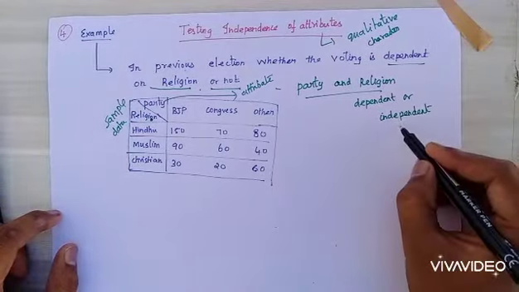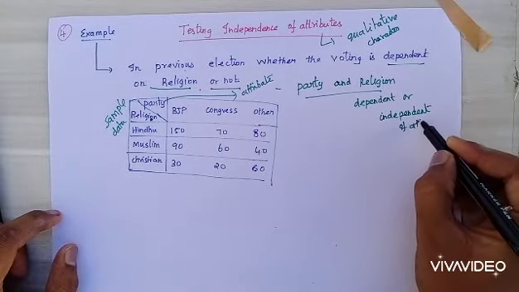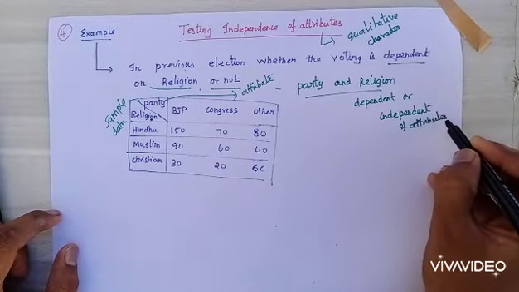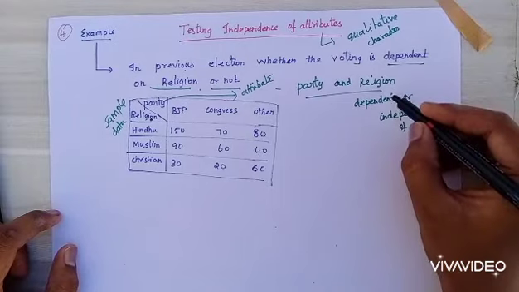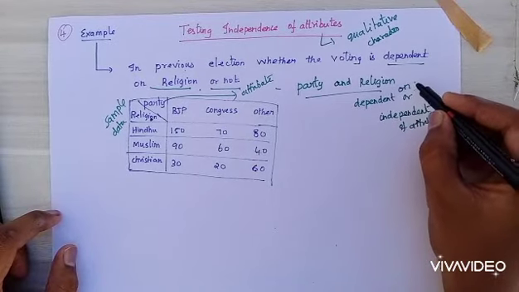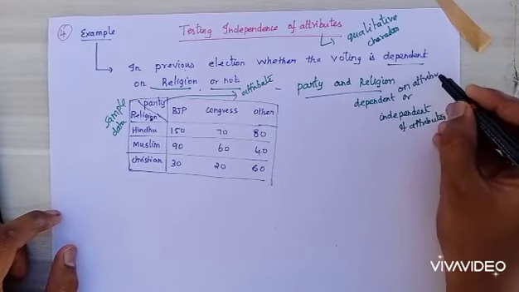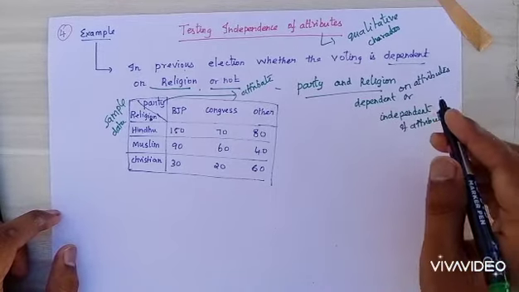That is independence of attributes, and we want to test that by using the chi-square test.